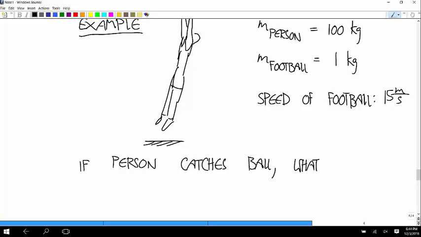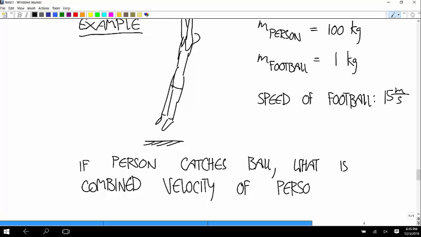And both of those two together have a combined velocity. It has to be the same because he's holding on to it. So what's the combined velocity of the person and the ball?